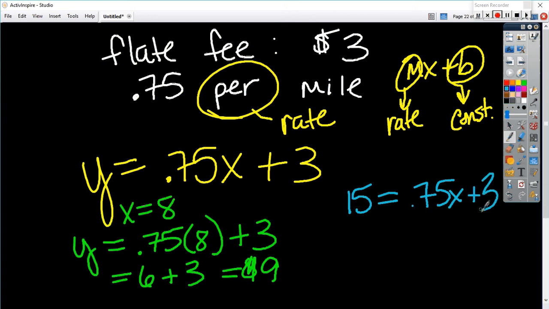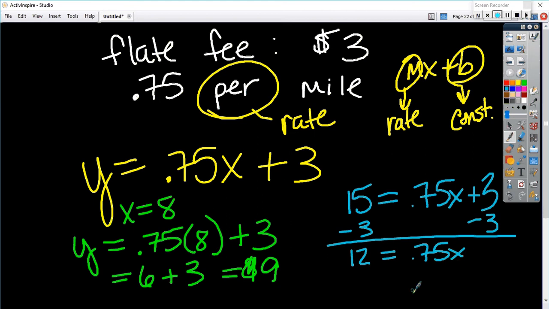Now how can I find out what x is at this point? Subtract 3. Am I going too fast? No. Okay. 15 minus 3 is 12? Absolutely.